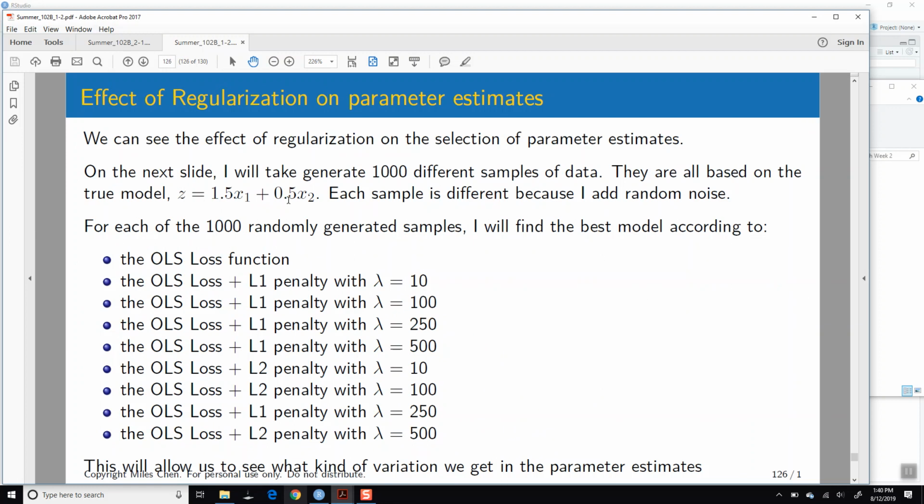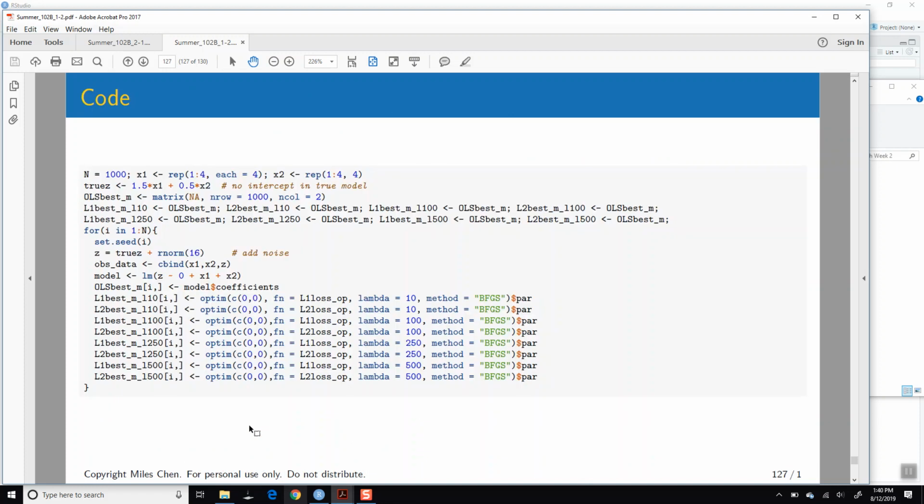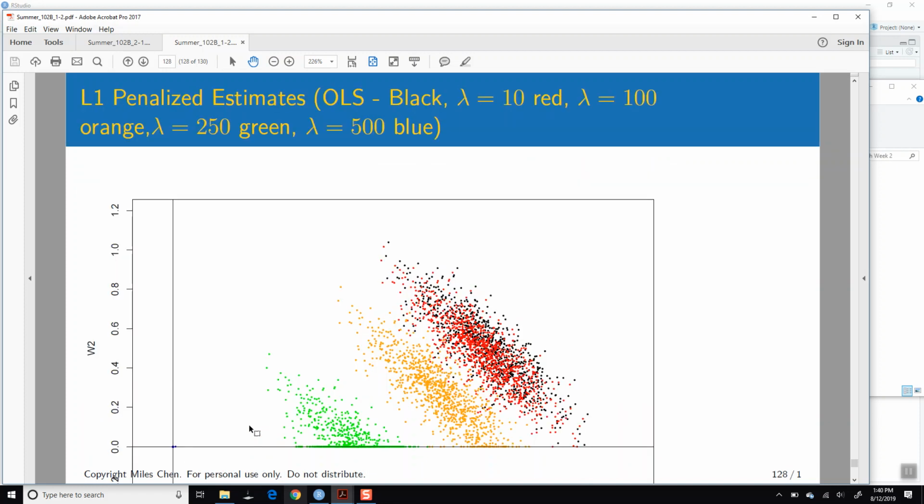And we learned that in OLS, these are the best unbiased estimates, meaning that when we do a whole bunch of these, the average of all of them will be 1.5 and 0.5, but any individual sample and coefficients might have some variance, which is higher or lower. And so what we will see is that the variance changes whether we're using the L1 or L2 penalty.